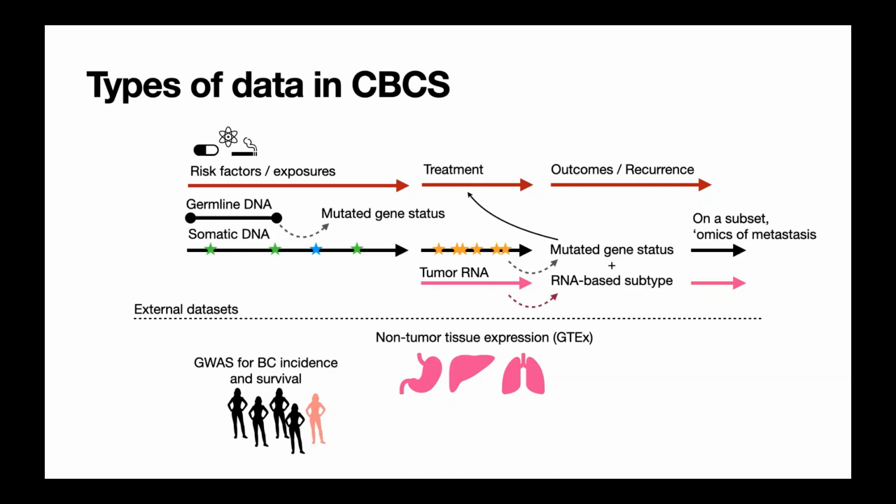I won't talk about it today, but in a subset, if there is recurrence and if there are metastatic lesions, we can measure omics of the metastasis. External data sets include large-scale genome-wide association studies for incidence and survival, and measurements of expression in other tissues in other studies. So those are things we might use also.